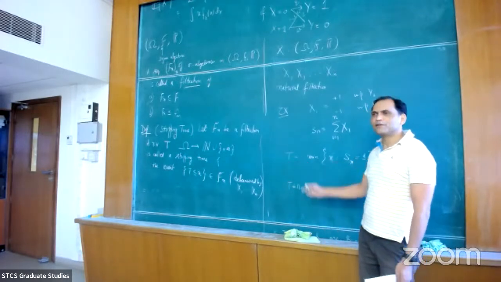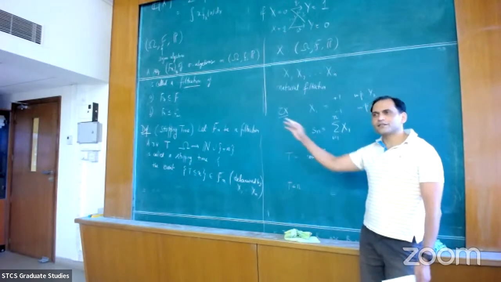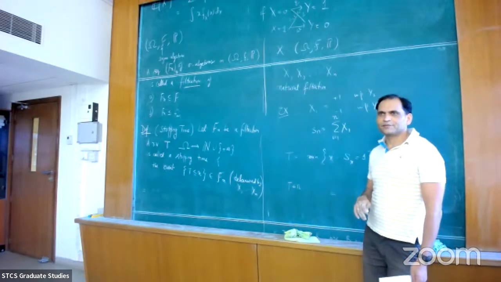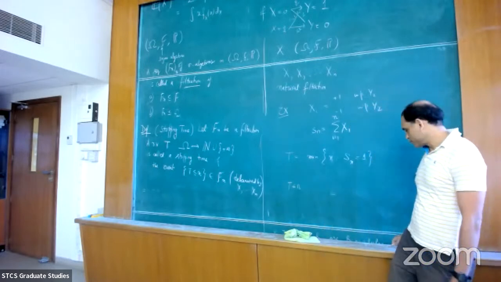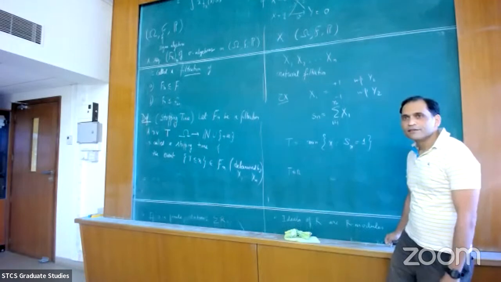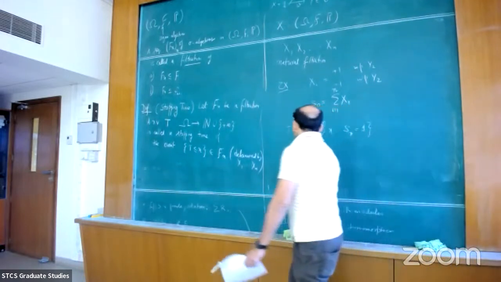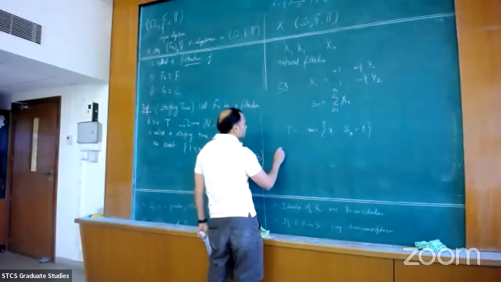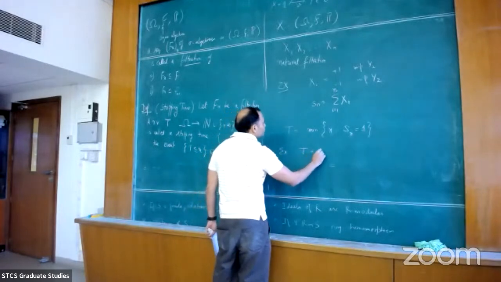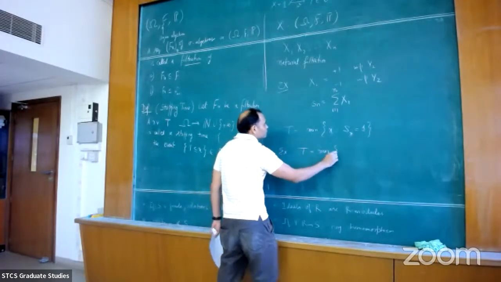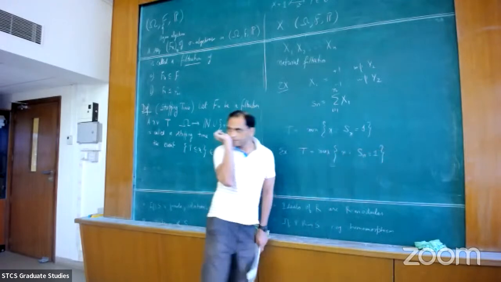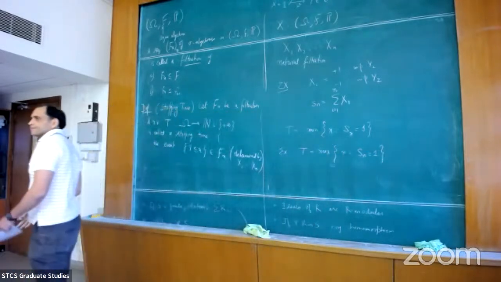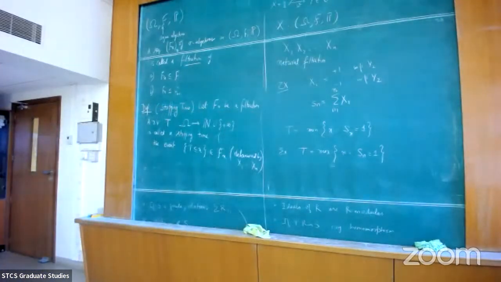Now tell me if I just flip this: T equal to the last time Sn is equal to 1. My second example. Is that also a stopping time? This is well defined.